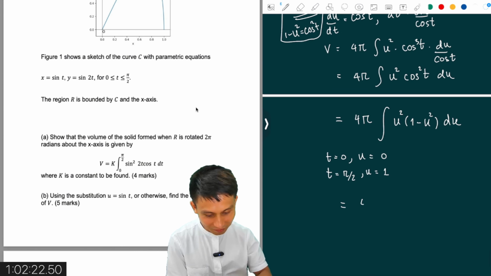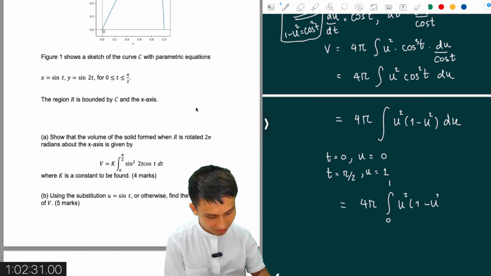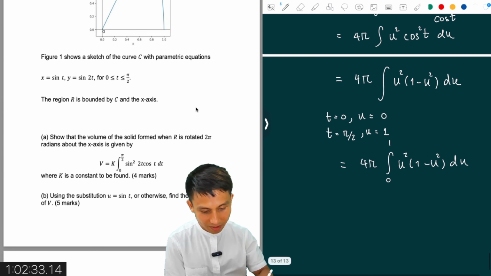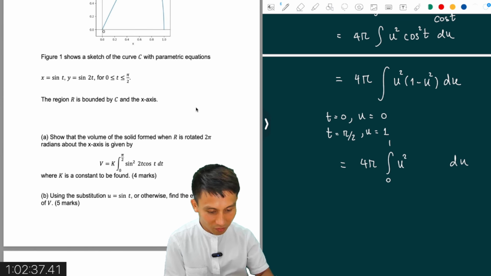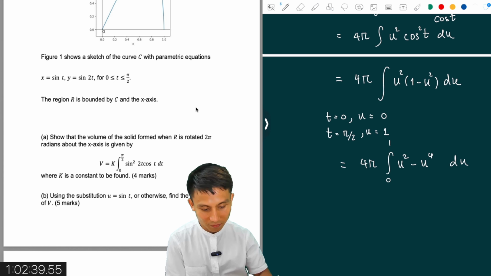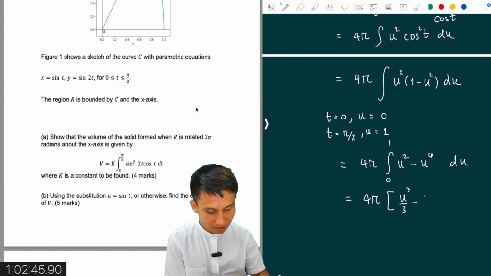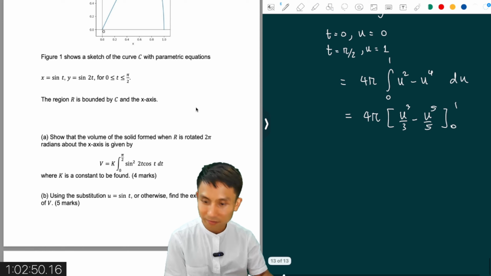So this is just 4 pi integral from 0 to 1 of u squared times 1 minus u squared. Let me expand that already. Expanding the integrand, we get u squared minus u to the power of 4. And then you have u cubed over 3 minus u to the 5 over 5, subbing 0 to 1 in.